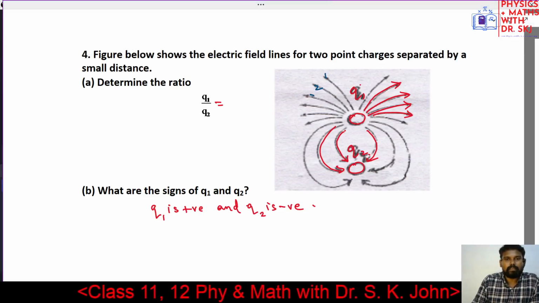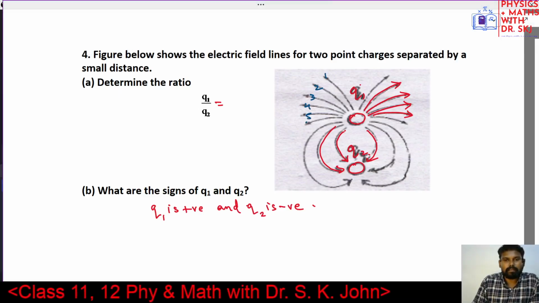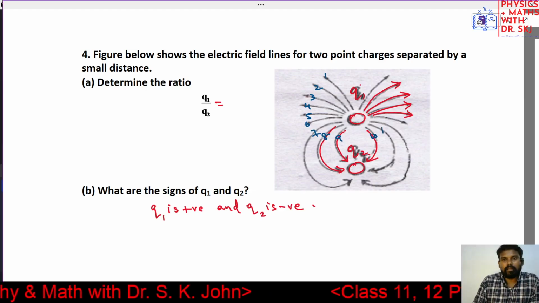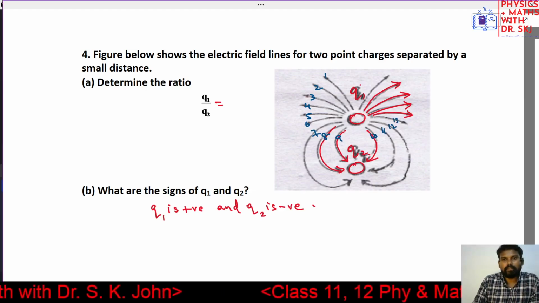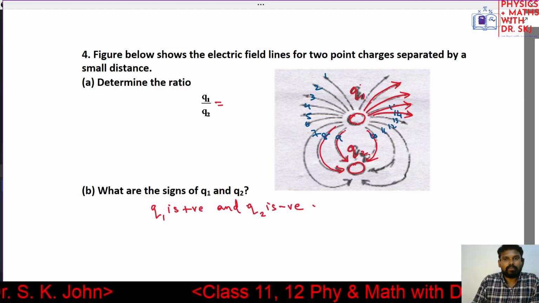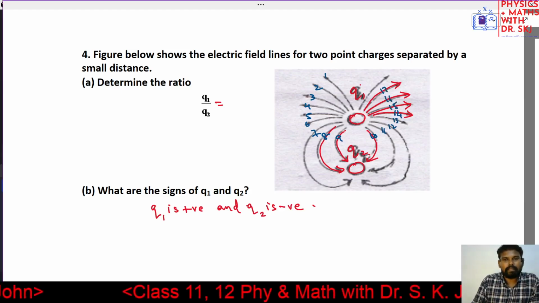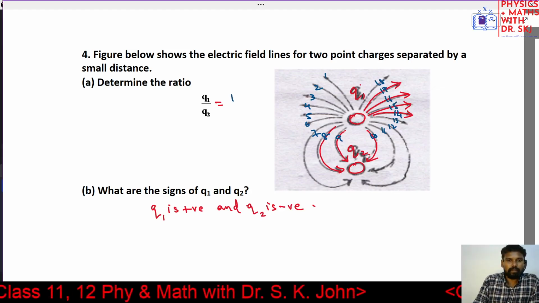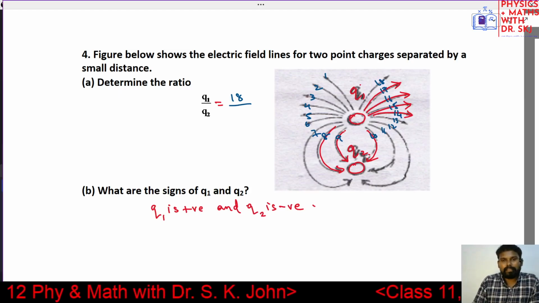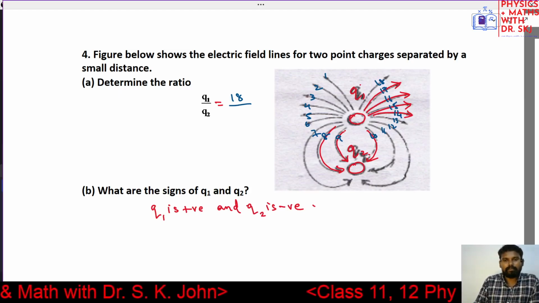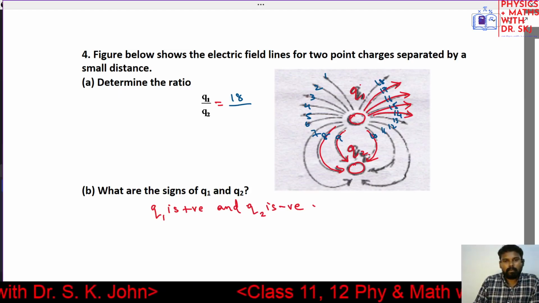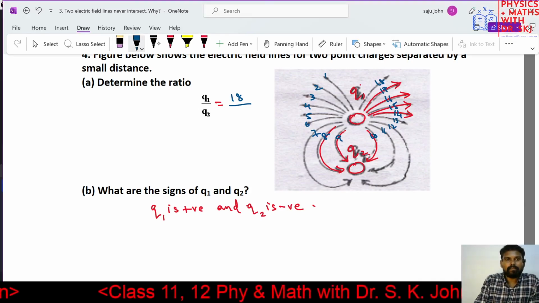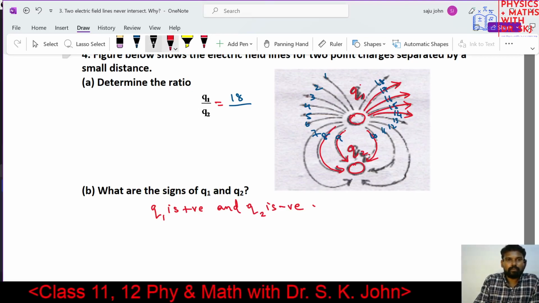1, 2, 3, 4, 5, 6, 7, 8, 9, 10, 11, 12, 13, 14, 15, 16, 17, 18. 18 field lines are starting from q1. And how many of them are reaching q2? You can see only 6 lines are reaching q2.